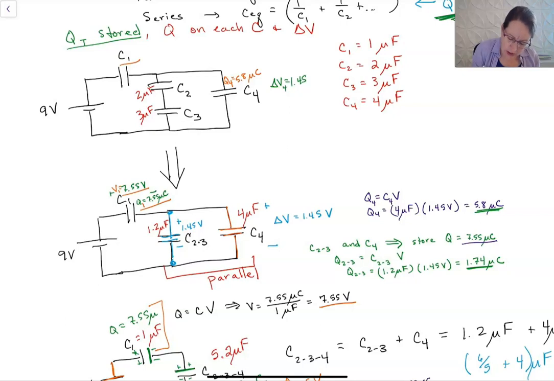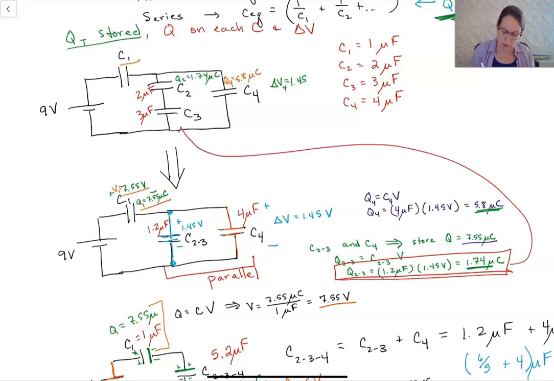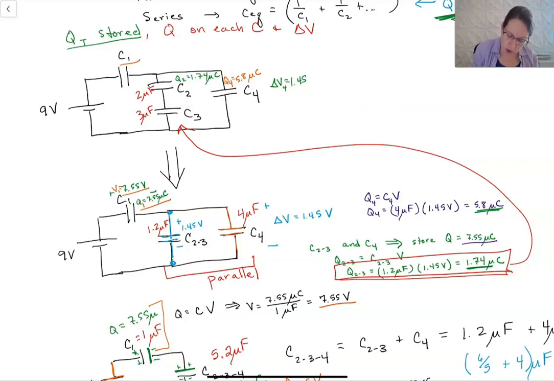So they each have Q2 equals 1.74 microcoulombs. That's coming from all the way down here that I just marked. Okay, this Q23 is traveling up here. And the charge on 3 is the same, 1.74 microcoulombs.